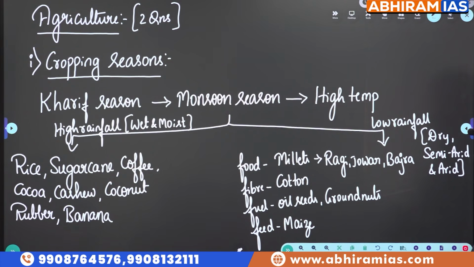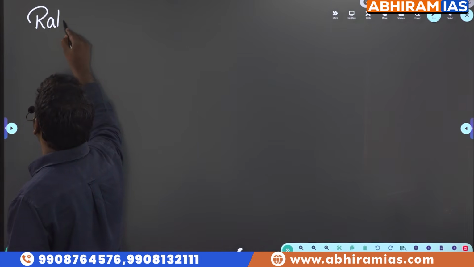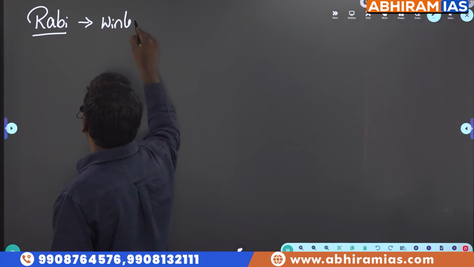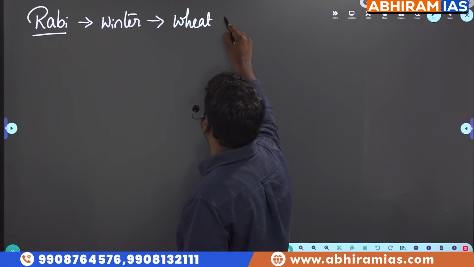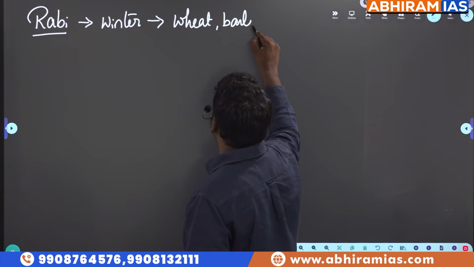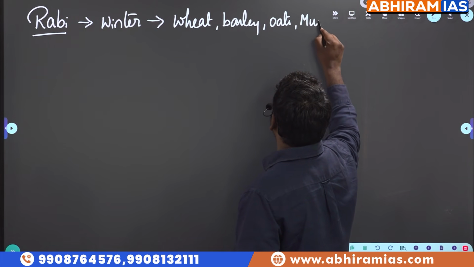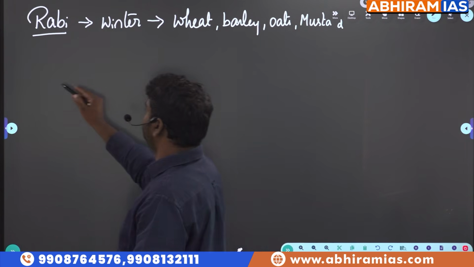Then Kharif. Yes. Rabi is the winter season, with crops like oats and mustard.